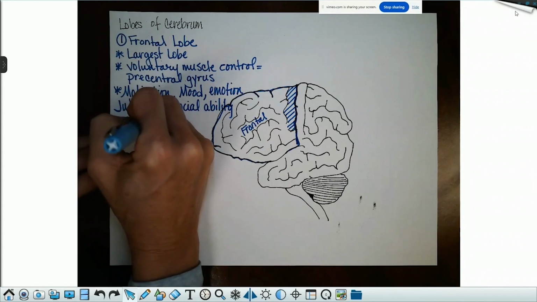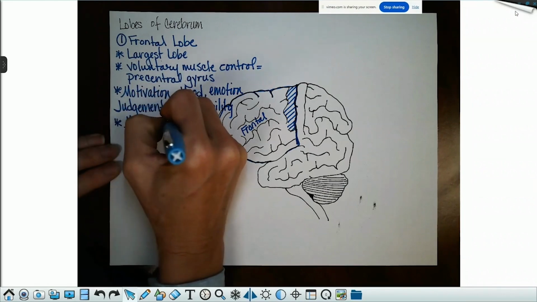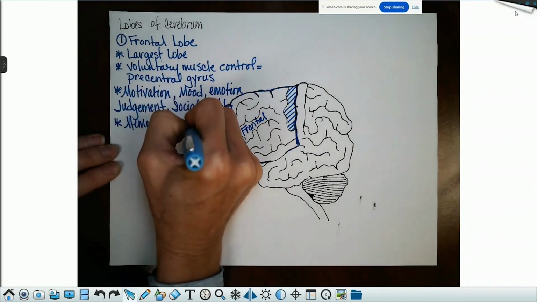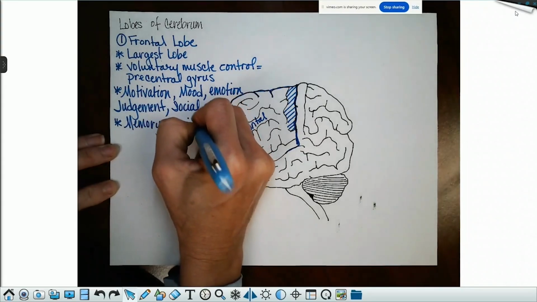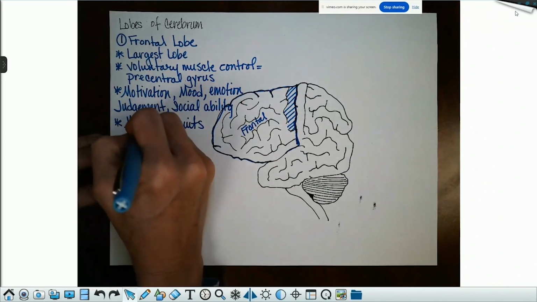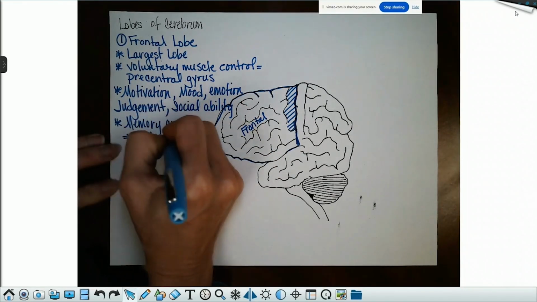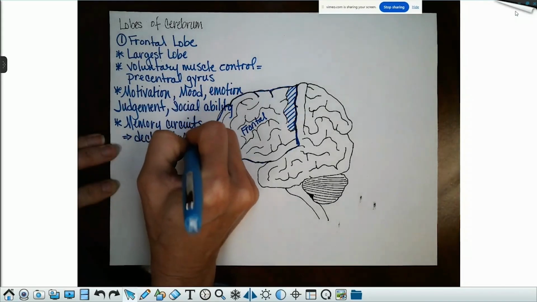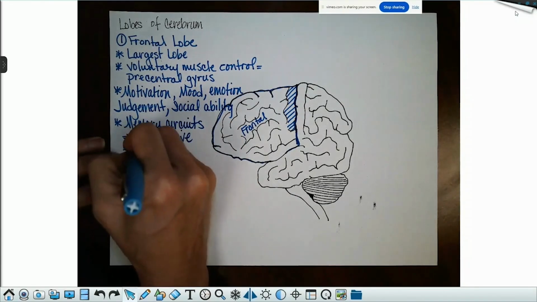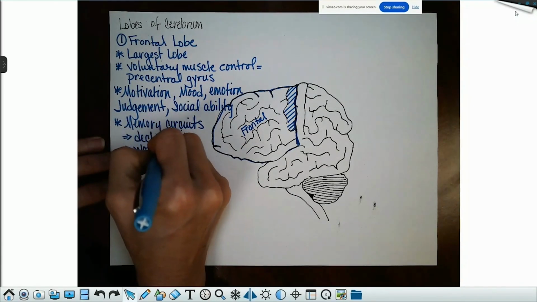This part of the brain has circuits for memory, particularly declarative memories. So your memories of people, places, and things, and also your working memory.